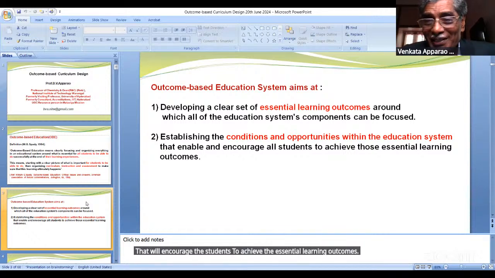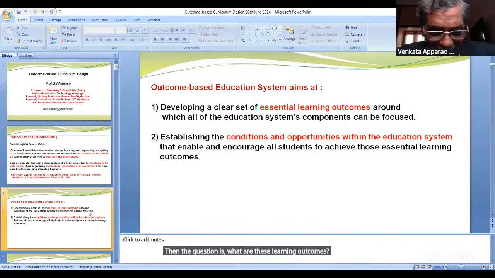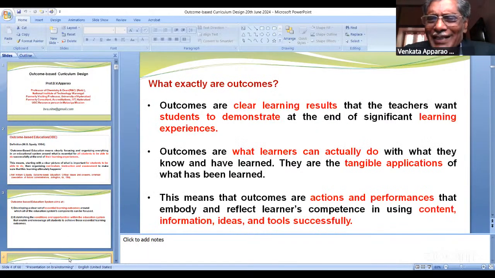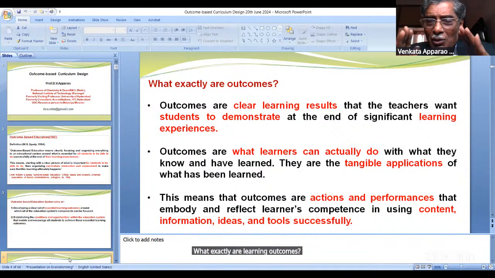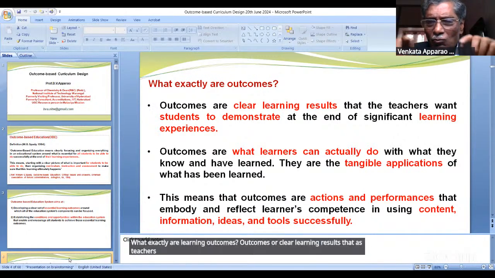Then the question is, what are these learning outcomes? We should have clarity about that. What exactly are learning outcomes? Outcomes are clear learning results that as teachers, we want the students to demonstrate at the end of significant learning experiences.